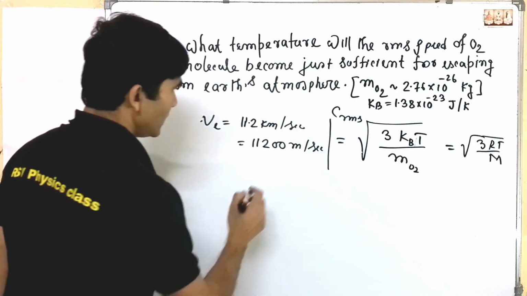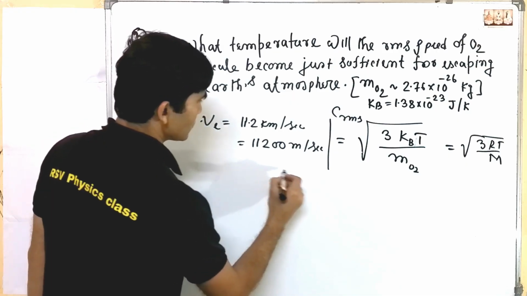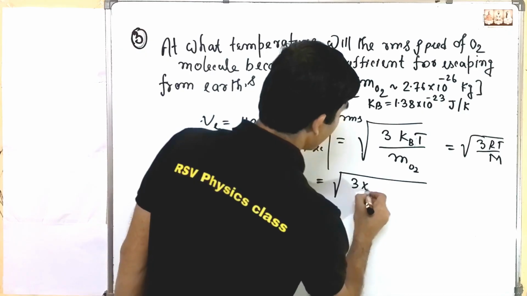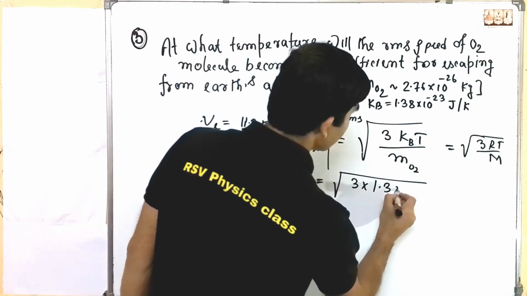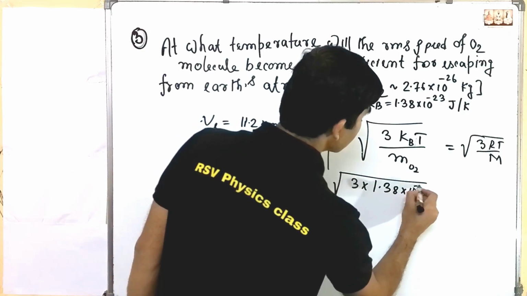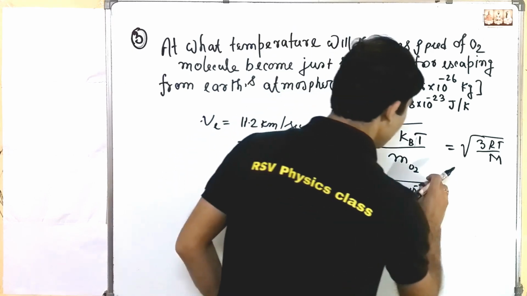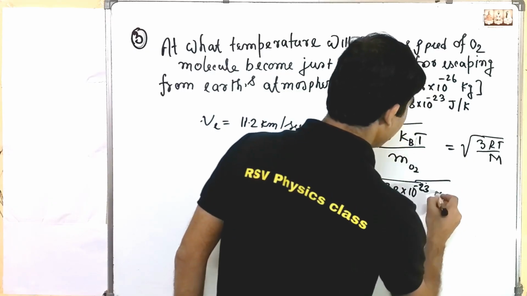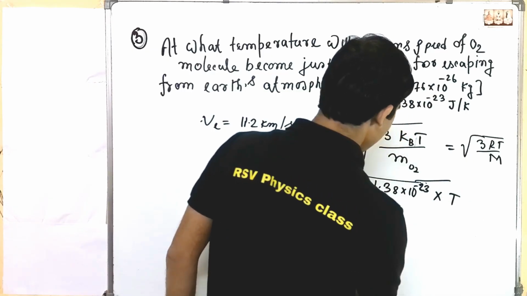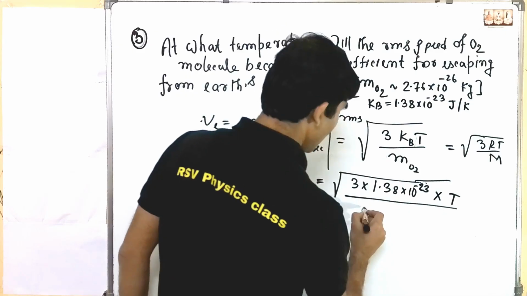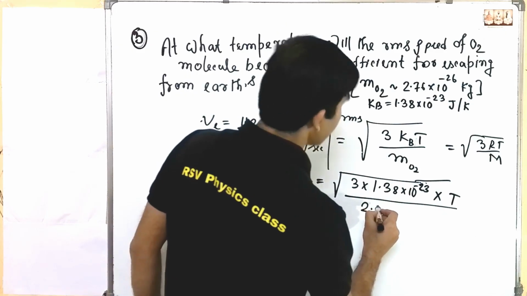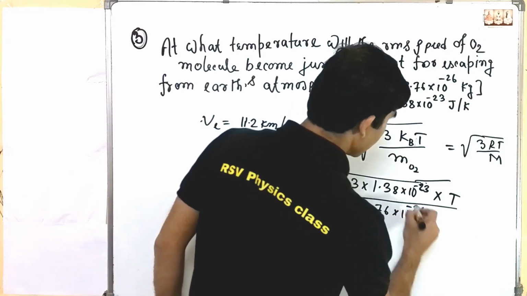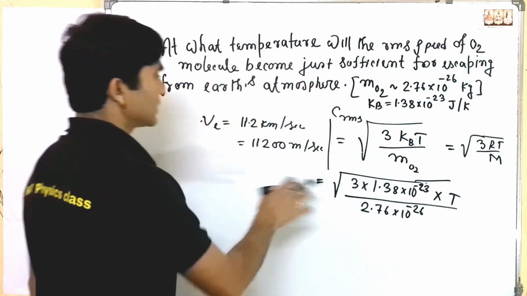Okay, so now this will be equal to root of 3 into kB, which is 1.38 into 10 to the power minus 23, है ना, एंड टेम्परेचर T over जो है मास ऑफ मॉलिक्यूल 2.76 into 10 to the power minus 26 kg. ओके, सो T आप कैलकुलेट कर लीजिए.